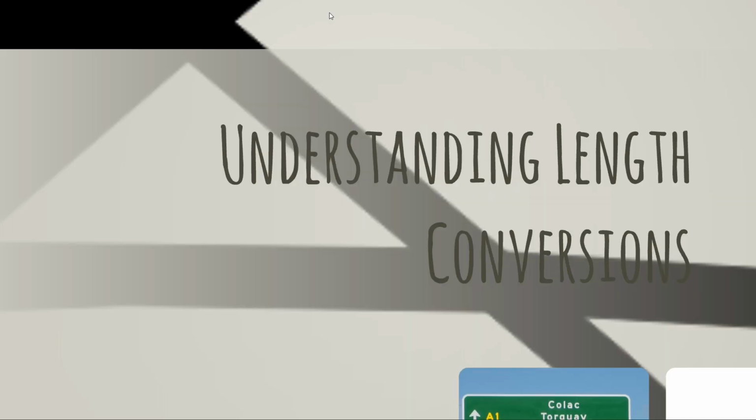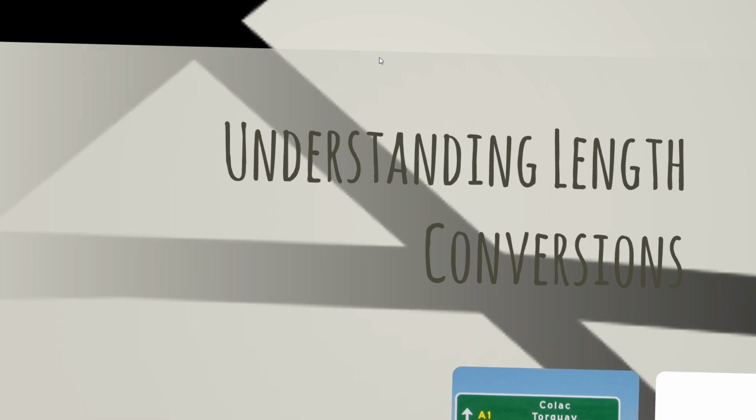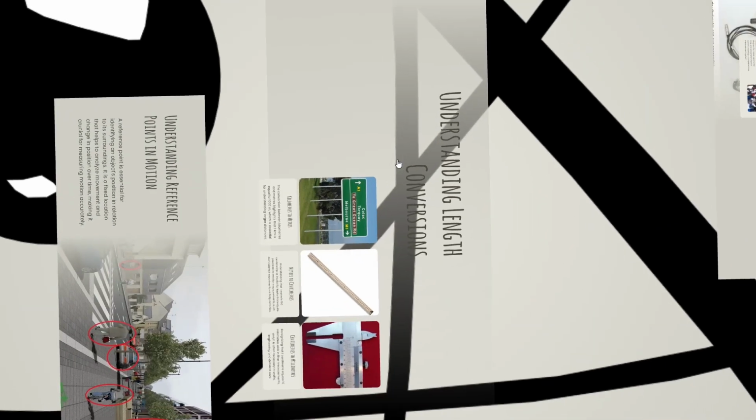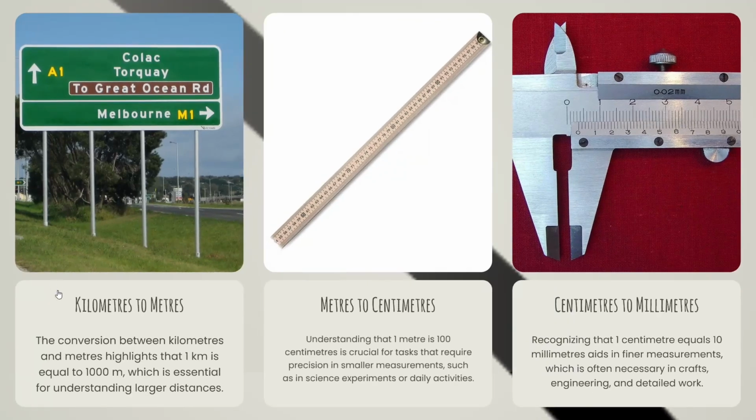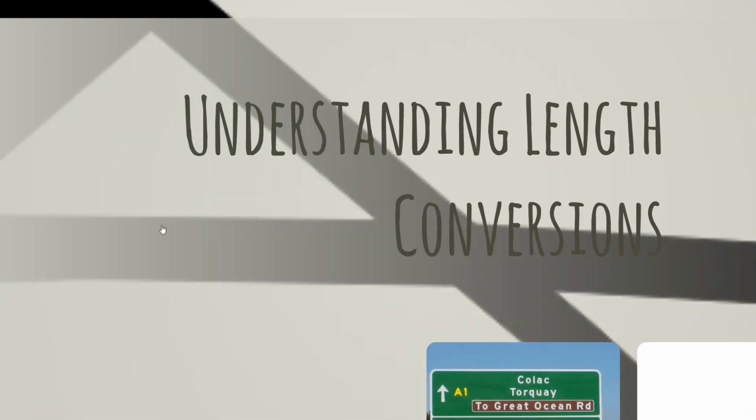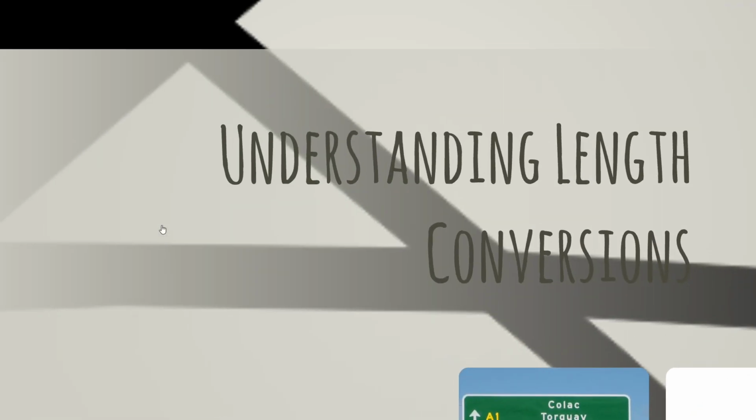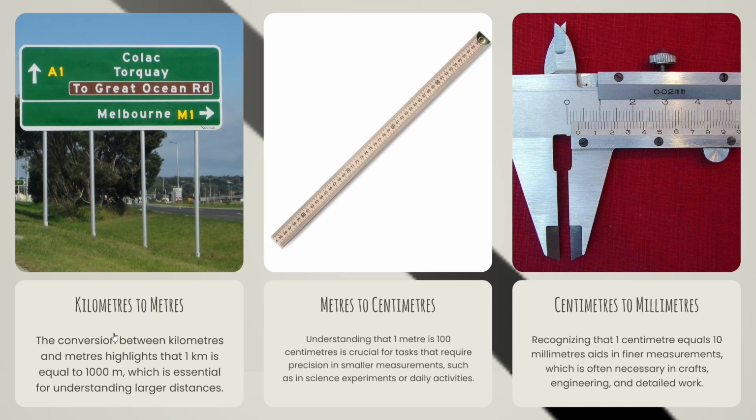So there are some important topics that I skipped earlier. We can start with the important topic of understanding length conversions. This topic can be asked in your exams. So, kilometers to meters. The conversion between kilometers and meters highlights that 1 kilometer is equal to 1,000 meters.